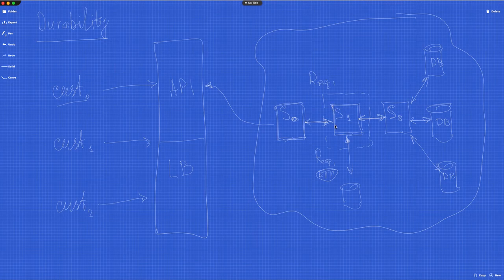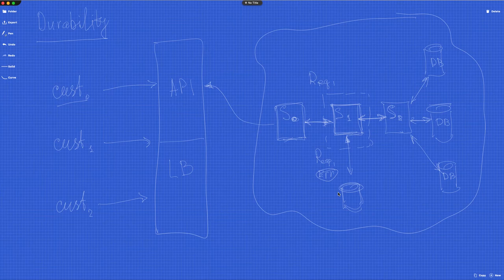Moreover, since service 1 started malfunctioning, it could mean that this service just needs to be restarted, or maybe the data is corrupted in the database and requires some maintenance. So durability here is kind of a silver bullet, but not for all cases, of course. Only for some very specific ones.